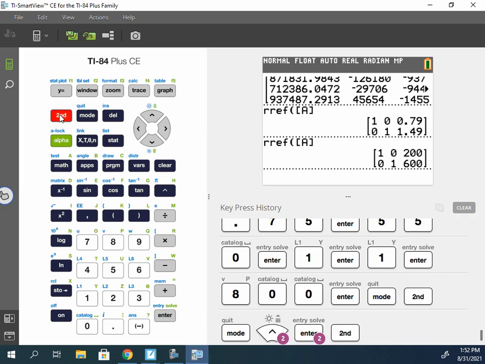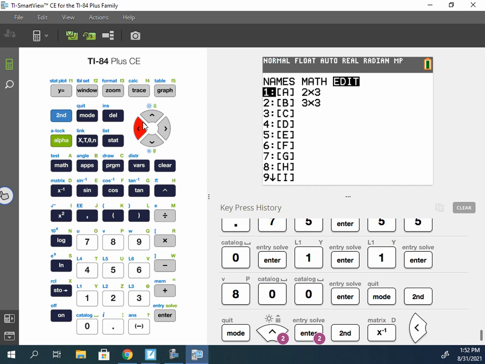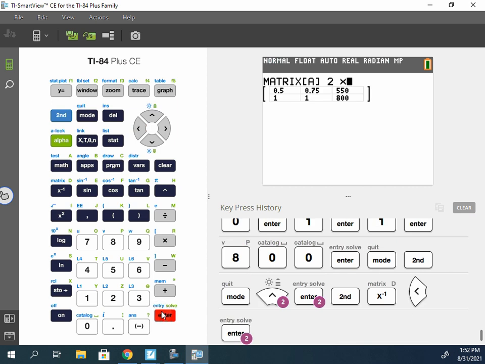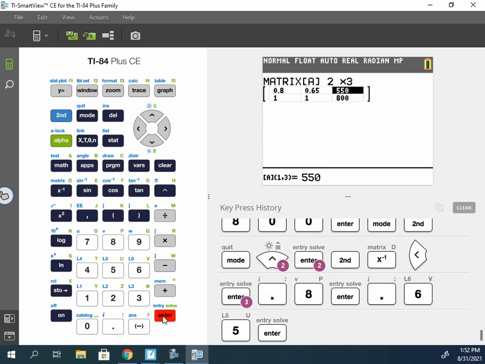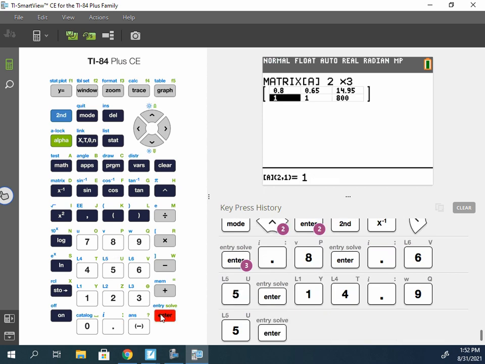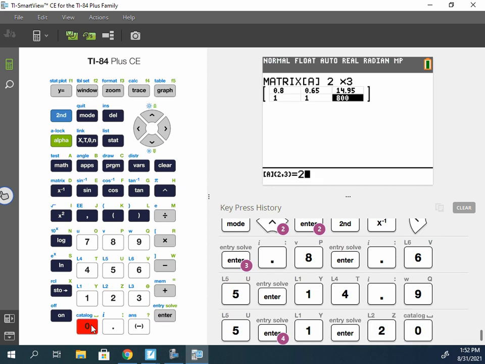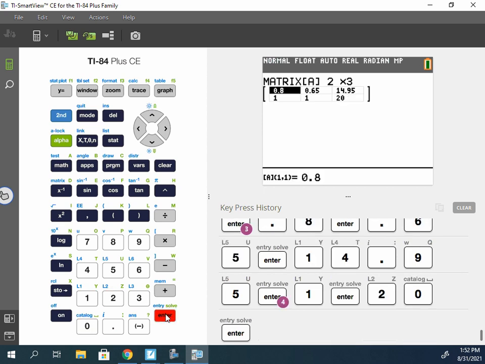Second matrix, over to edit, 2 by 3. This time we'll have 0.8, 0.65, and 14.95. 1, 1, 20.